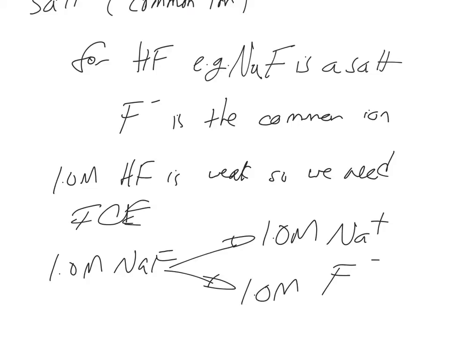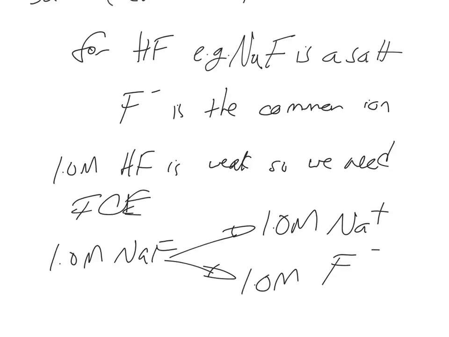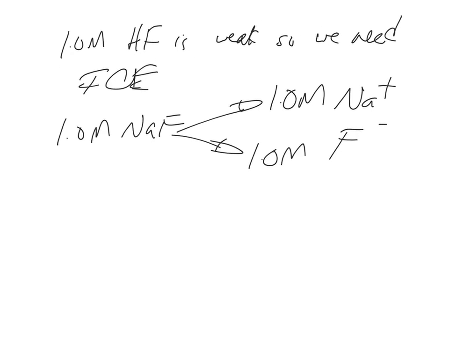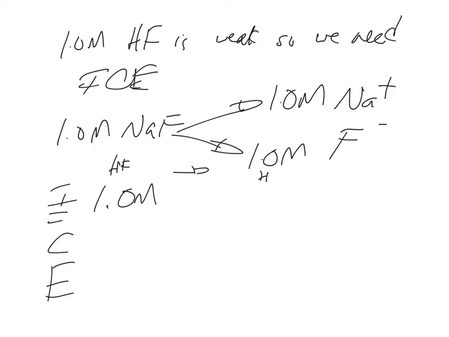So if you imagine for a second, the only way that this is going to change our ICE table at this point, any guesses? The only way this is going to change our ICE at this point is via the I, right? I is going to be affected because we no longer have, well, okay, we can do this, right? 1 molar, and that would be our HF. And then usually, what would I put here for my H plus? 0.